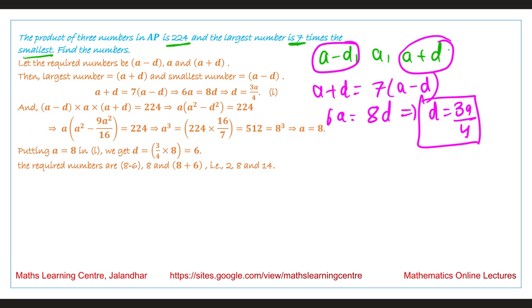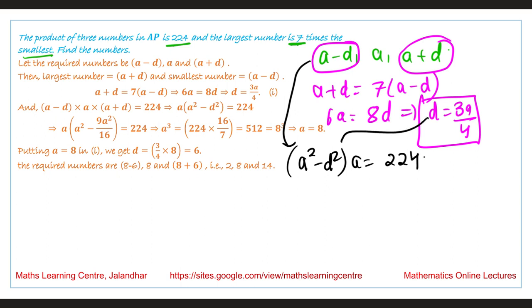Now the second thing given to us is that the product of these three is 224. So A square minus D square into A is 224. Now if we substitute this value of D here, we obtain A square minus 9A square by 16, into A, equal to 224.